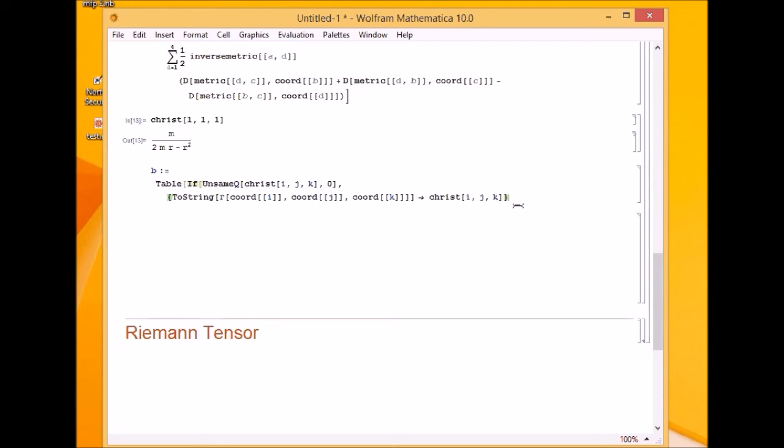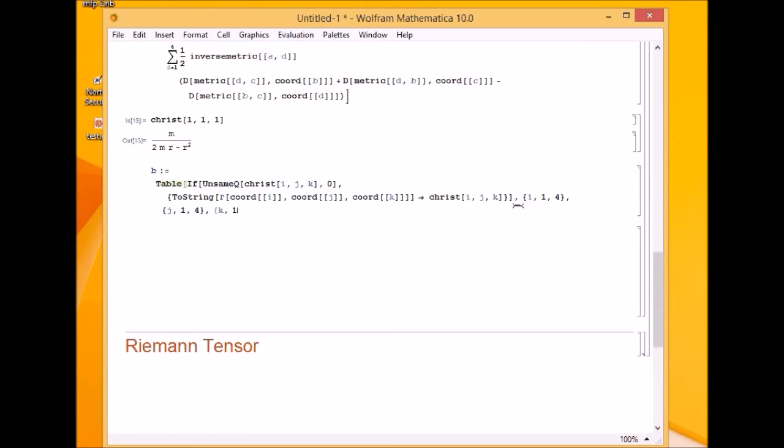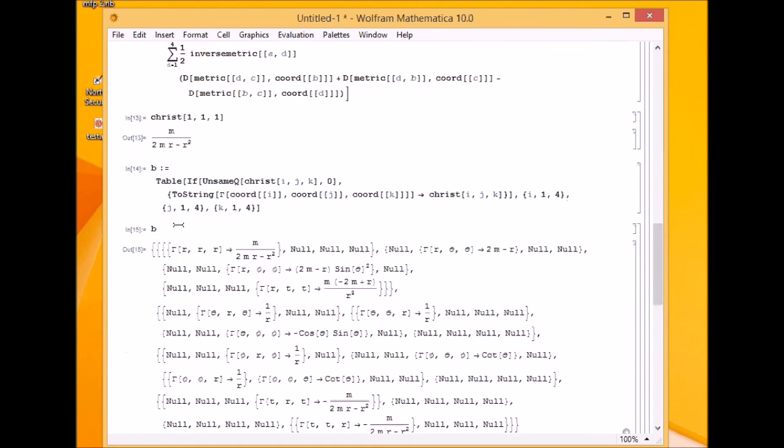And let me close this bracket and the other one, and then let me define where the i's run from. i, j, k. Okay, so let me calculate.